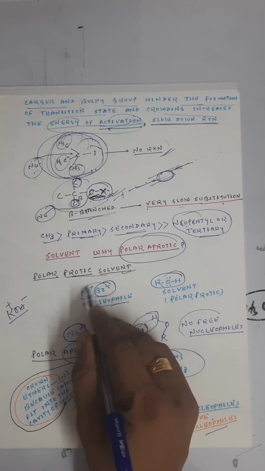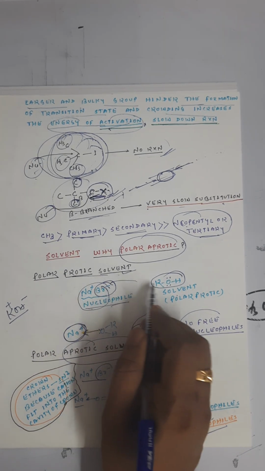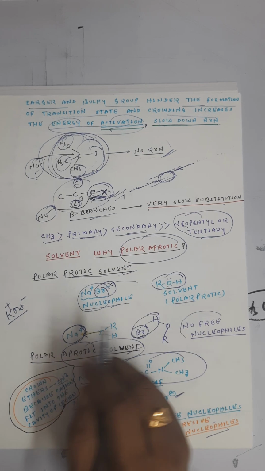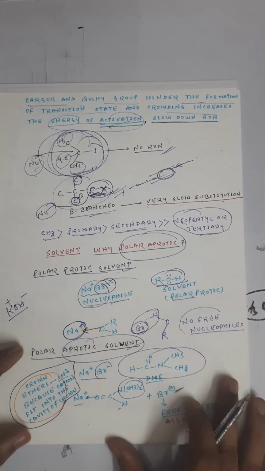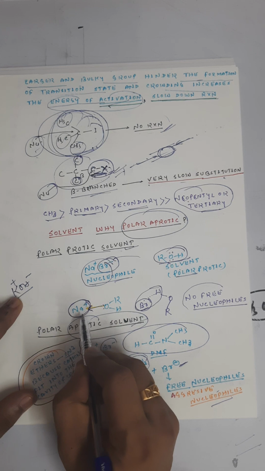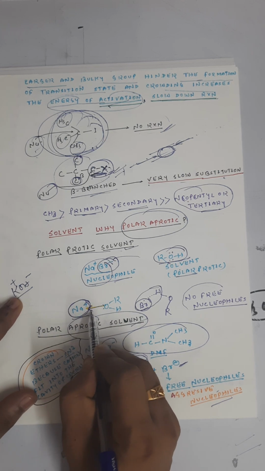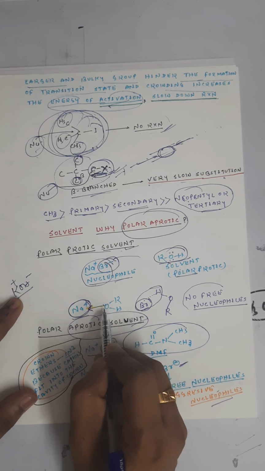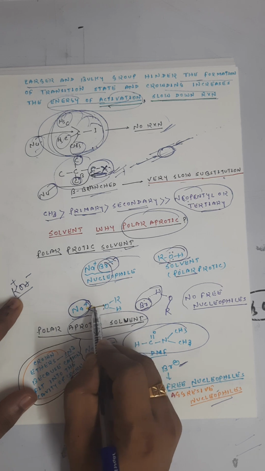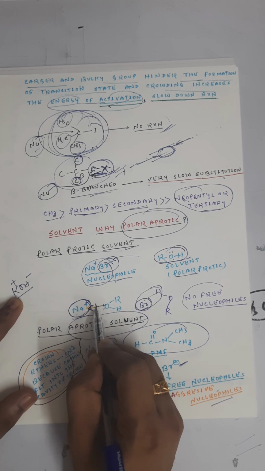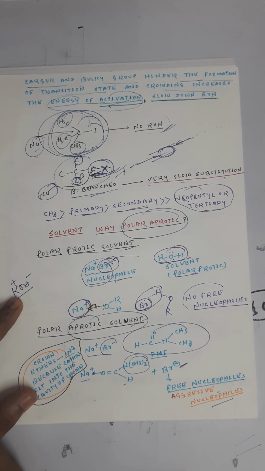When this nucleophile is going to dissolve in a polar protic solvent like ROH, see what will happen. See students, Na plus will form a bond with the ROH, meaning oxygen has a lone pair, so it can donate the pair of electrons to sodium and form a coordinate bond. Clear?